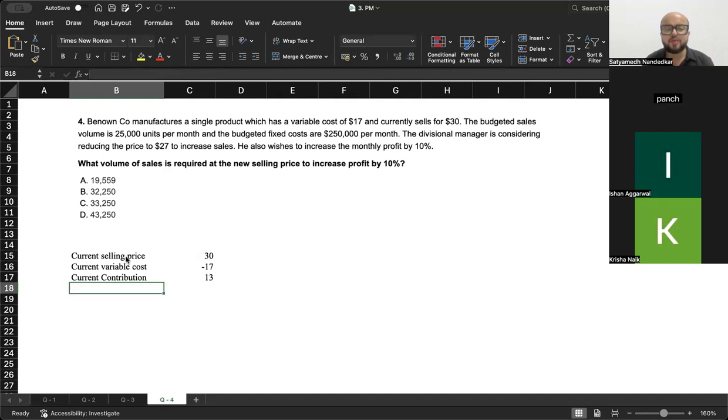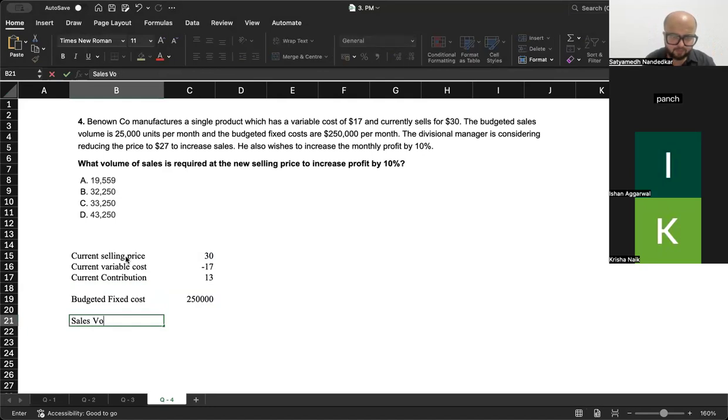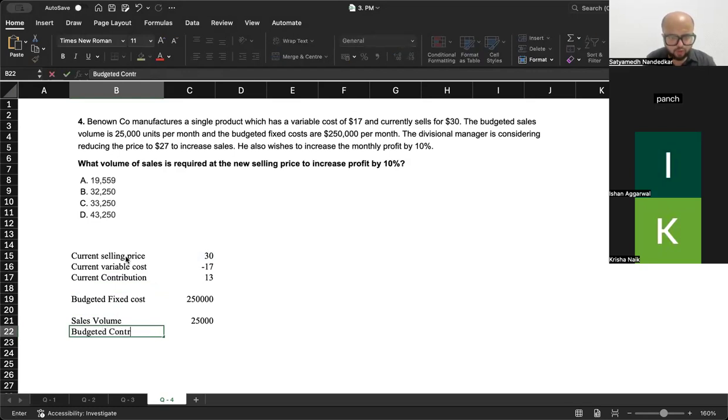What are your budgeted fixed costs? 250,000. With this data, can you tell me what the sales volume is? 25,000. 25,000. Okay. Now current contribution is 13, sales volume is 25.